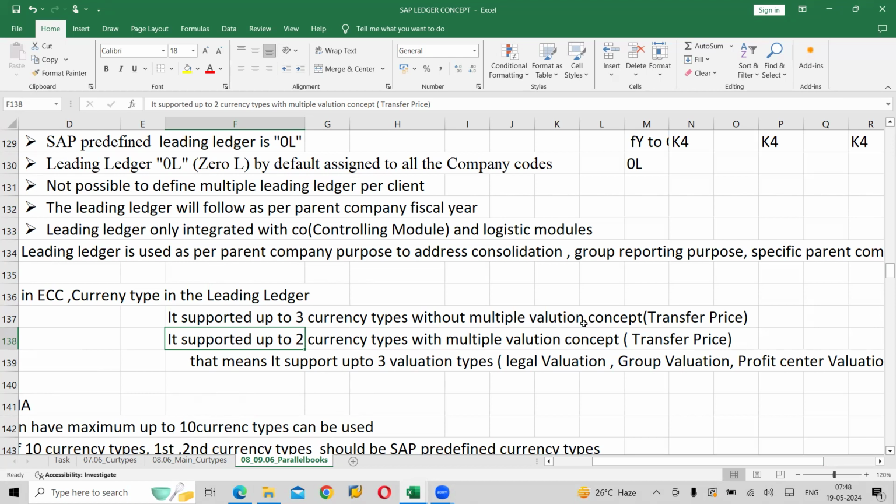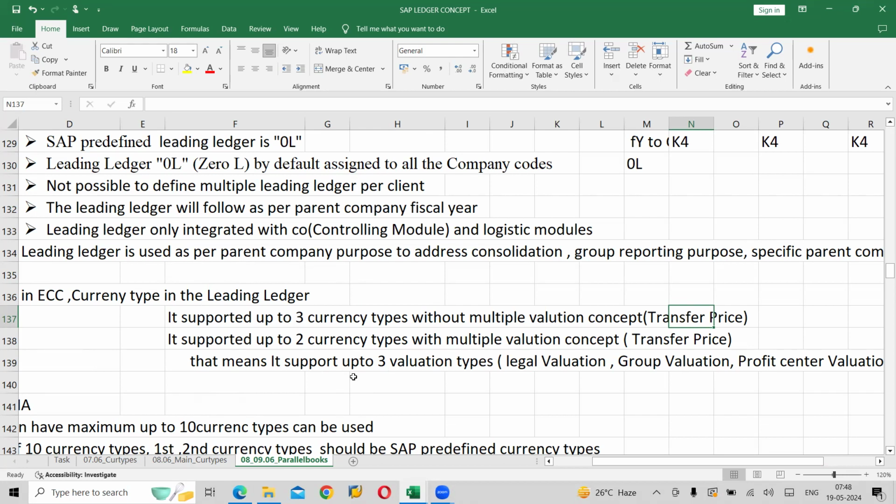What do you mean by multiple valuation concept? This is nothing but your legal valuation, group valuation, or profit center valuation. Clear? It is nothing but transfer price: intercompany, third party, or any profit center, cost plus markup price.